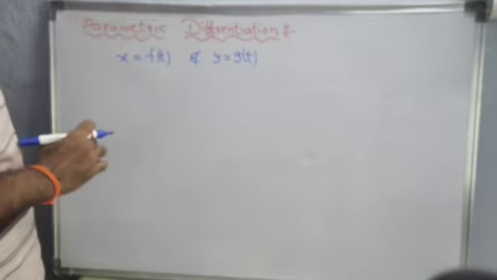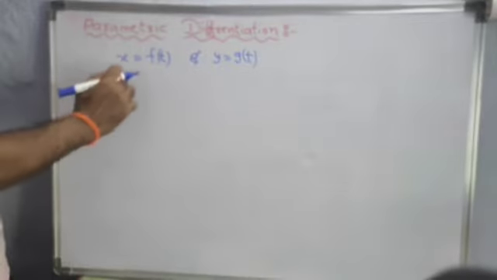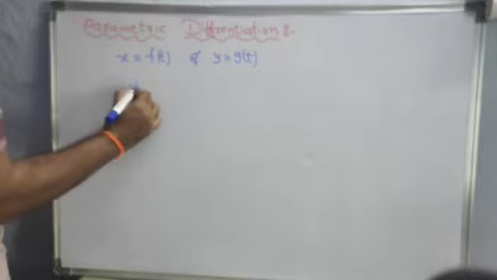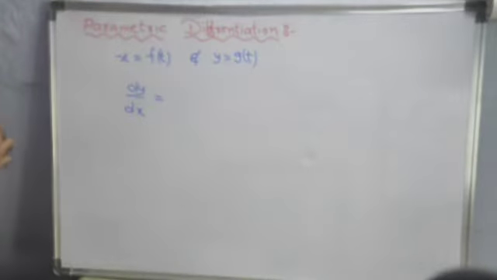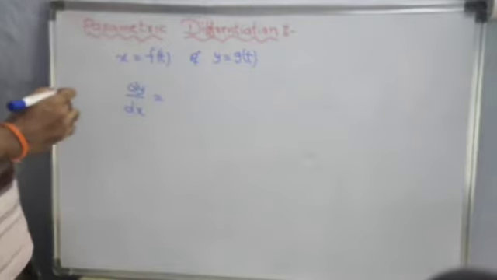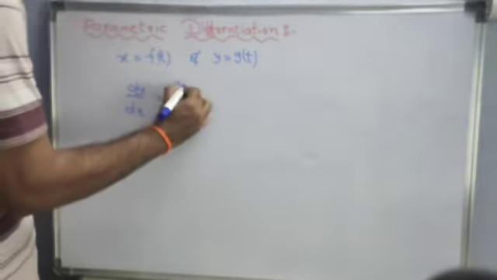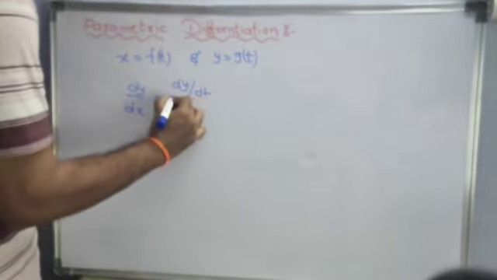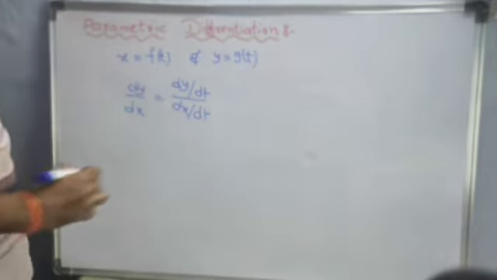Okay, so for these parametric functions, suppose you want to find dy by dx, the derivative of these parametric functions. Since y is a function of t, dy by dx equals dy by dt divided by dx by dt.